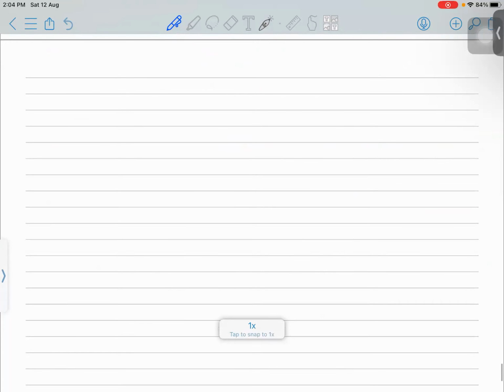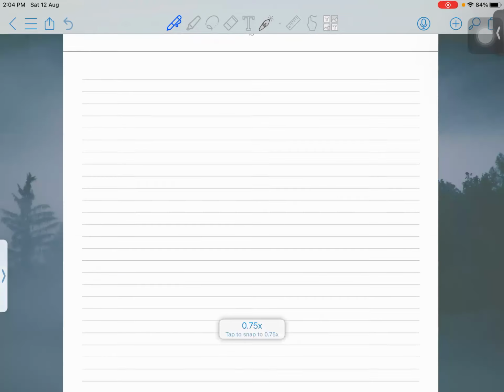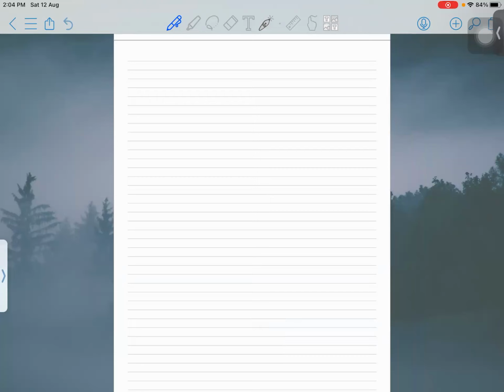Now, look at this structure. This is the first shell. This is the second shell.